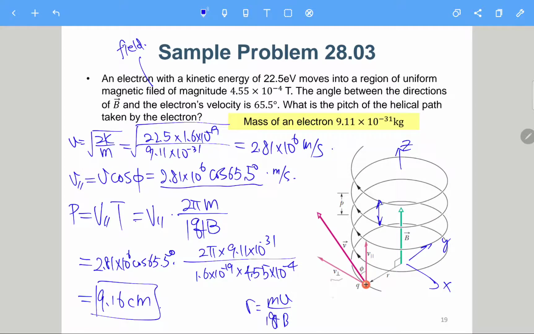And this T is something like 2 pi R, the length of a circle, over V, which will be the period. So we can come up with this expression: 2 pi R will be 2 pi mV over QB, and then over V we just cancel V. So we have 2 pi m over QB here, which is the period of the circular motion.